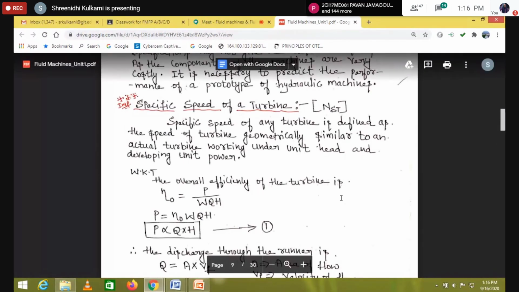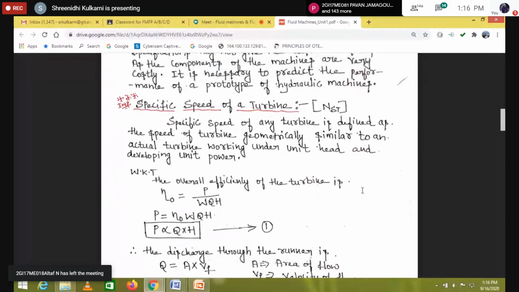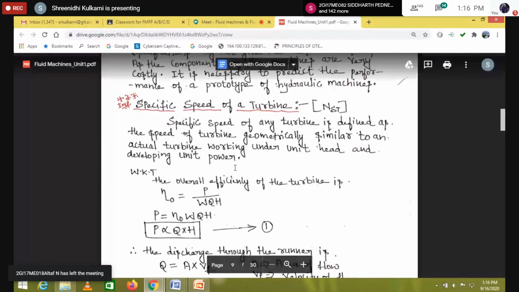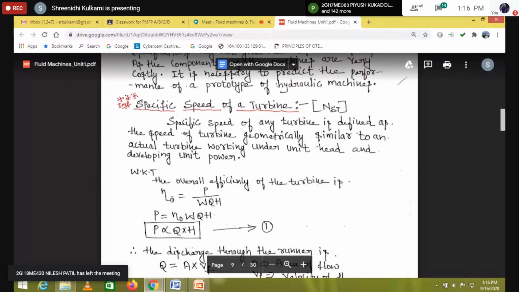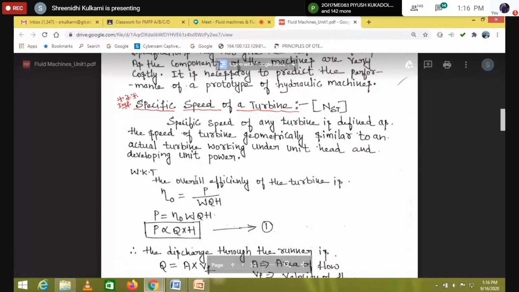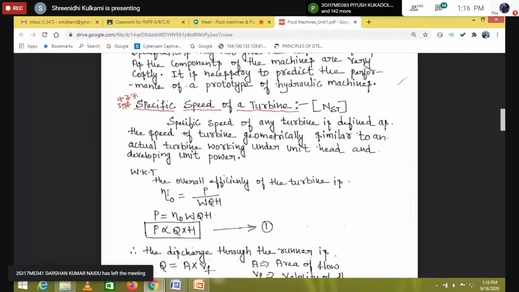Okay, next while coming for the derivation, first I am going to consider the overall efficiency of the turbine. Here I am not given the definition, but I will tell like that only. Please remember this one, because even while solving the problem, this definition is very important.